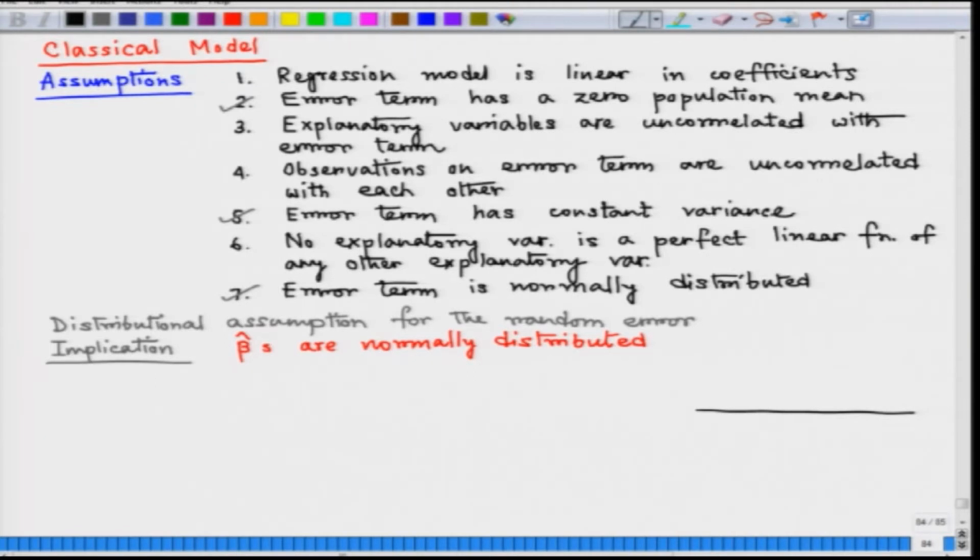So, we mean that my beta hat for any particular explanatory variable has a distribution, and the mean of the distribution for beta hat will be beta, the population regression parameter, right, and betas can take various values.